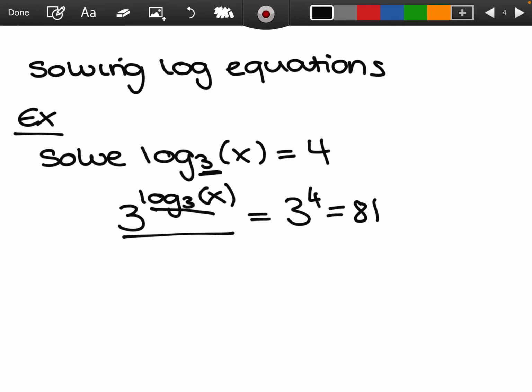So it's asking me what value, let's call it y, gives me 3 to the power y equals x. Well, if I then take 3 to the power of that value y, I should get x back. So what this does, by raising it as 3 to the power of that log, I actually reduce it to just x, giving me x is equal to my right-hand side, which is 81. That's why we do this.